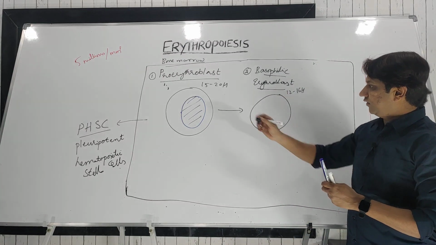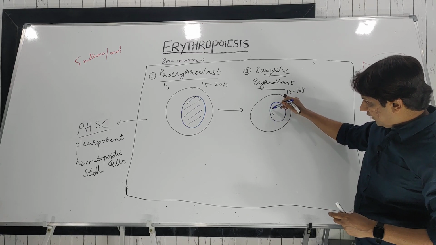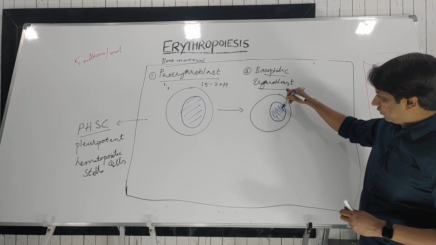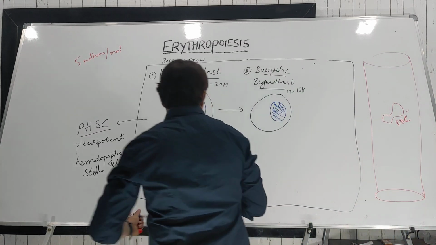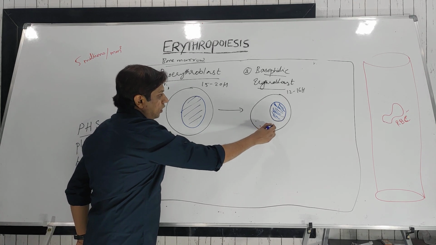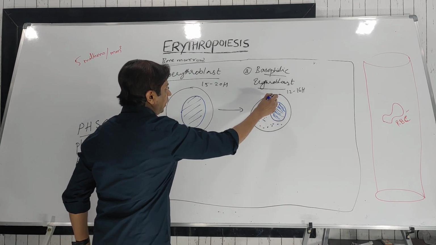The nucleus is condensed, the chromatin is fine, and the cytoplasm appears bluish when stained. That's why it is known as basophilic erythroblast.